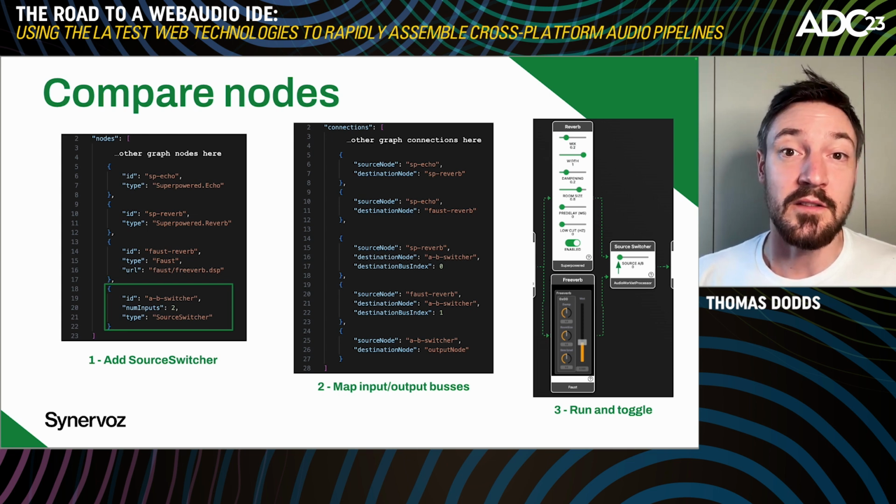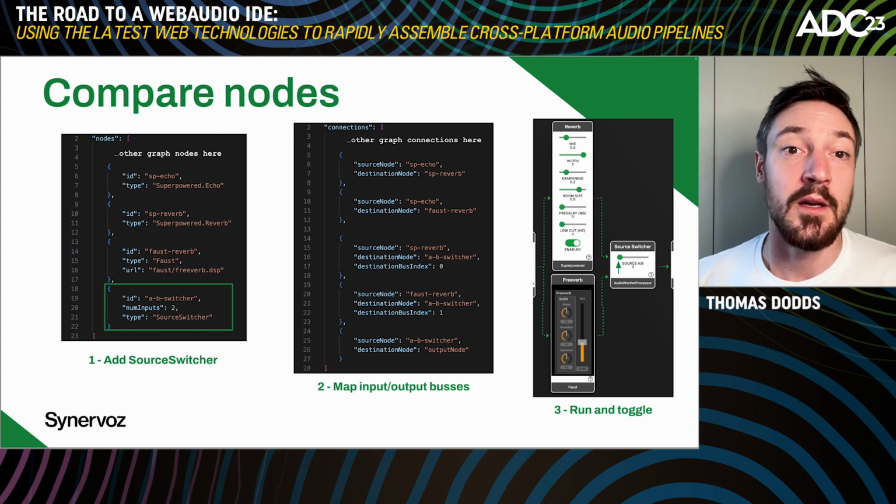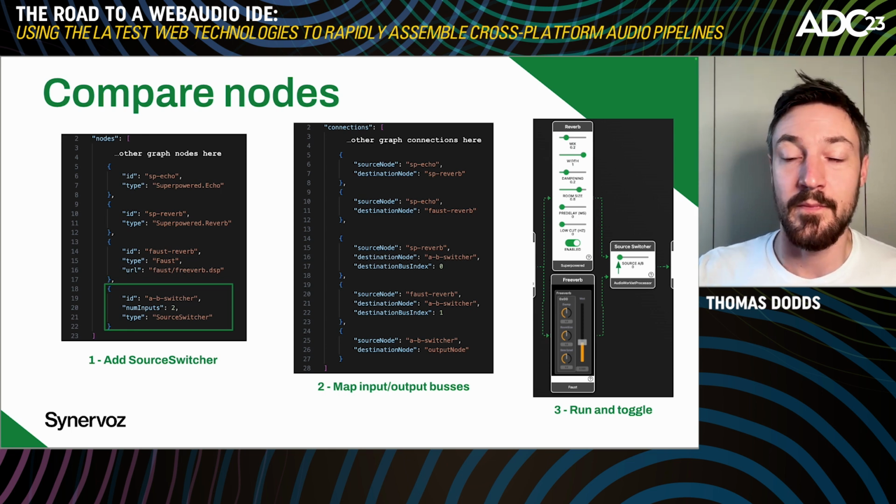We need to do something a little different now. We need to have a graph where the output of the Superpowered echo node now needs to get fed into two separate stereo input buses of the new source switcher node. The single stereo output of the source switcher node needs to be connected to the speakers.